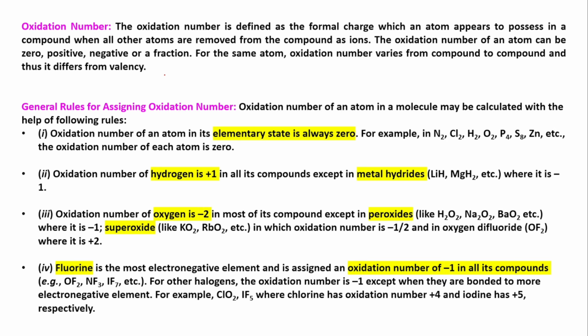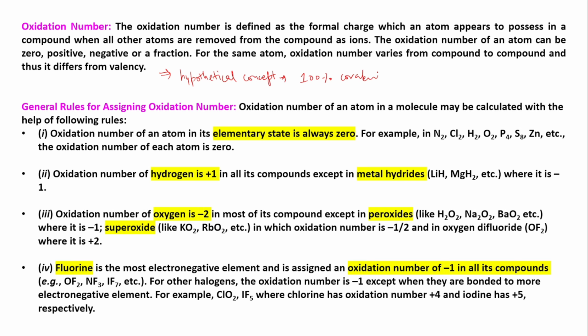Another thing that I would like to clarify here is that oxidation state is a purely hypothetical concept, in which the oxidation number is calculated when we assume that the bonding is 100% covalent.